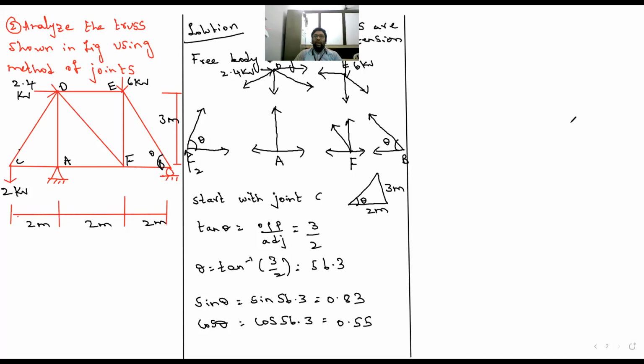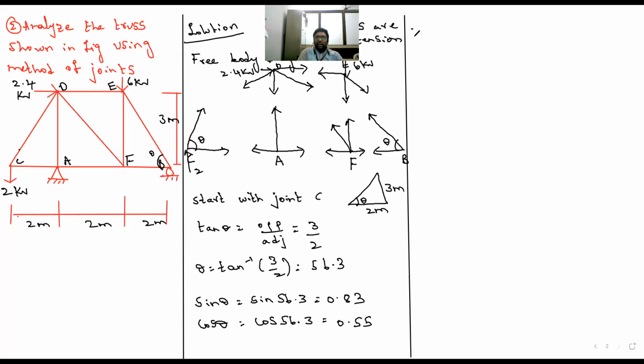So sine theta and cos theta. Now let us take joint C for finishing this problem. If you take joint C here, what all are there? We will sketch it. But before going into joint C, we will do one thing, because we need to calculate reactions also.